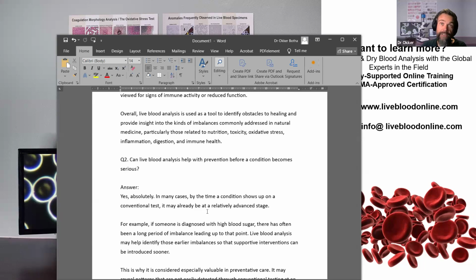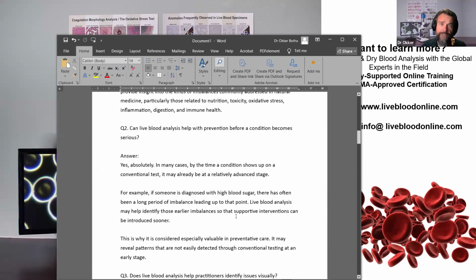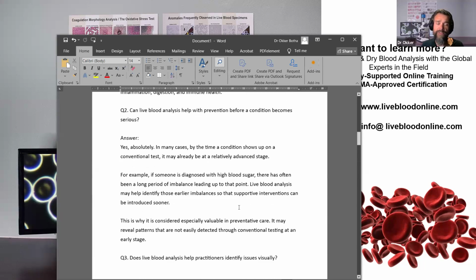Yes, absolutely, it can. In many cases, by the time a condition shows up on conventional testing, it's already at quite a late stage. Something that's often used in conventional medicine and referred to as a preventative strategy is having a regular blood sugar test done.